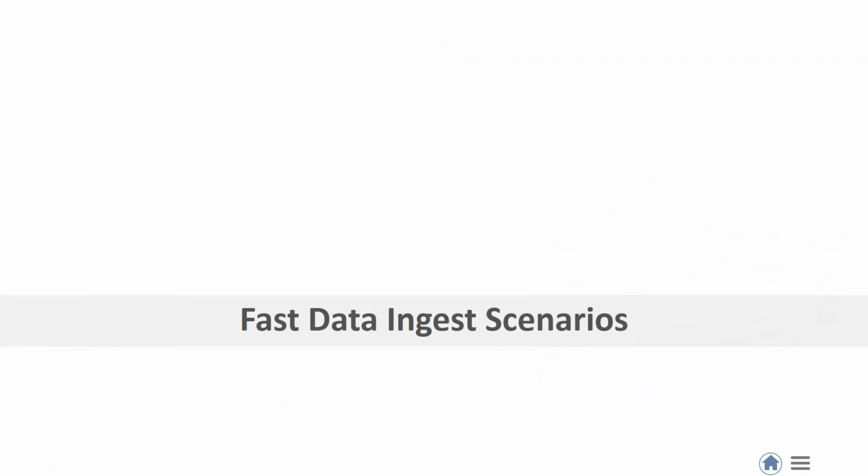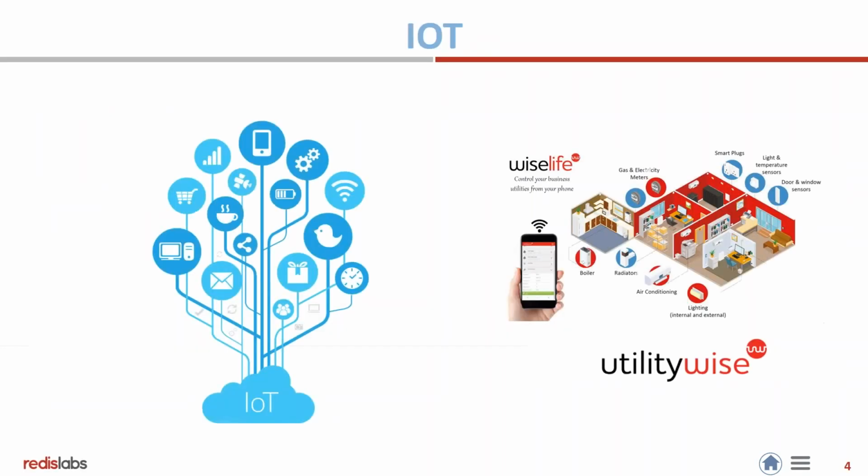All right, so fast data ingest scenarios. I don't want to go deep into this, but I'm sure everybody is familiar. We are getting data from so many places, and sometimes they arrive in bursts. And the challenge here with fast data ingest is you need a system that can collect all data at whatever speed they arrive. And also there is no uniformity, no standard followed in the data format.